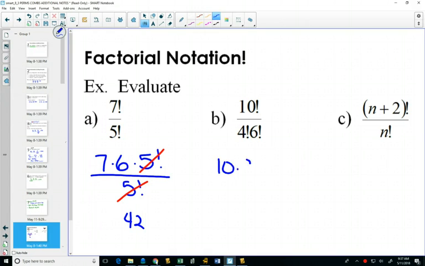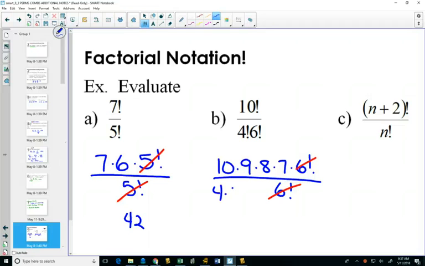I would start with expanding the biggest one, 10, and then when I get to 6, I'm going to stop because I know that that will cancel out with the 6 factorial on the bottom. Now with the 4 factorial on the bottom, that's 4 times 3 times 2 times 1. Can you see that 4 times 2 is 8, and that would cancel out?